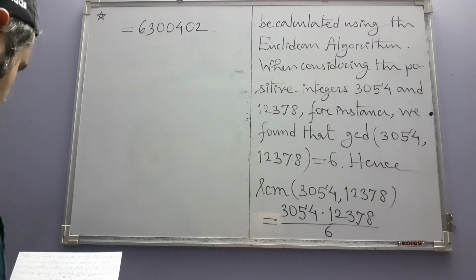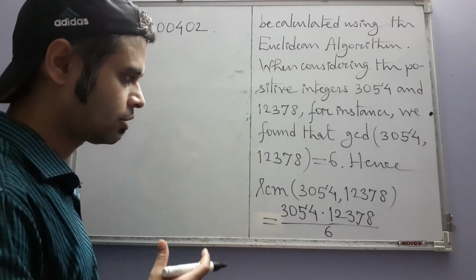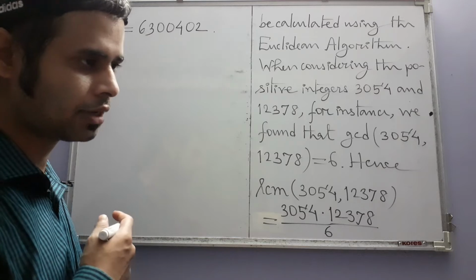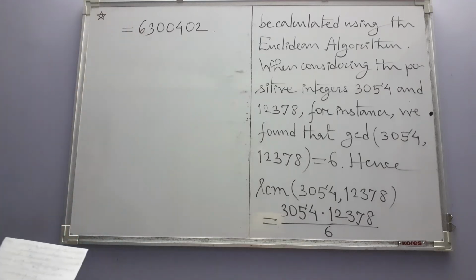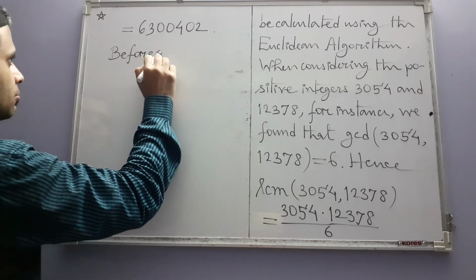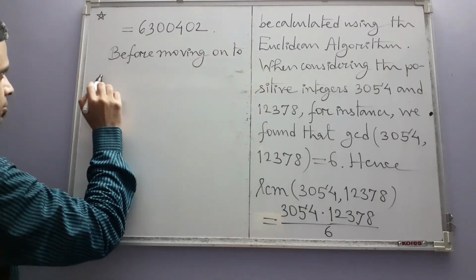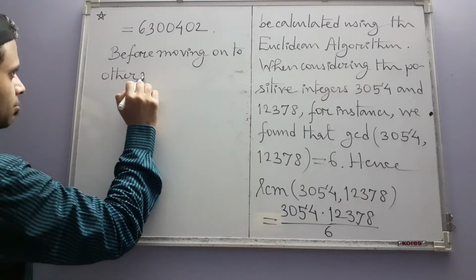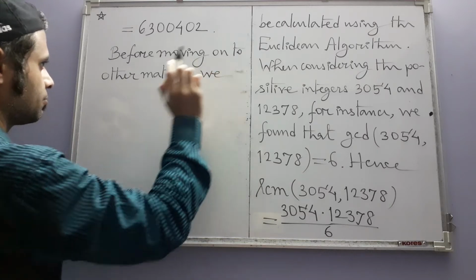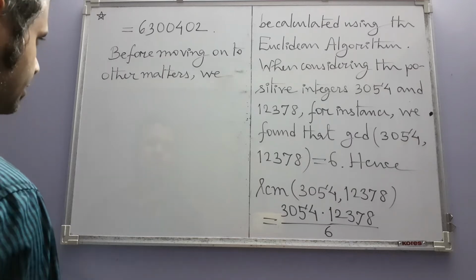Before moving on to other matters, we observe next that the notion of GCD can be very naturally extended to more than two integers, in fact any finite number of integers. So that is the next thing.